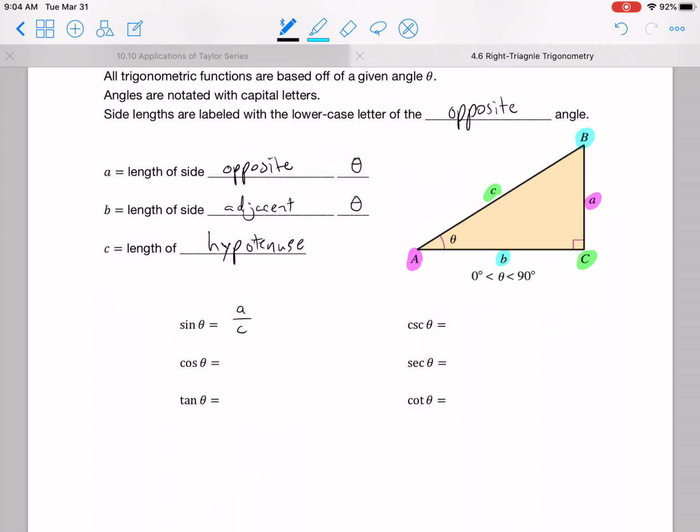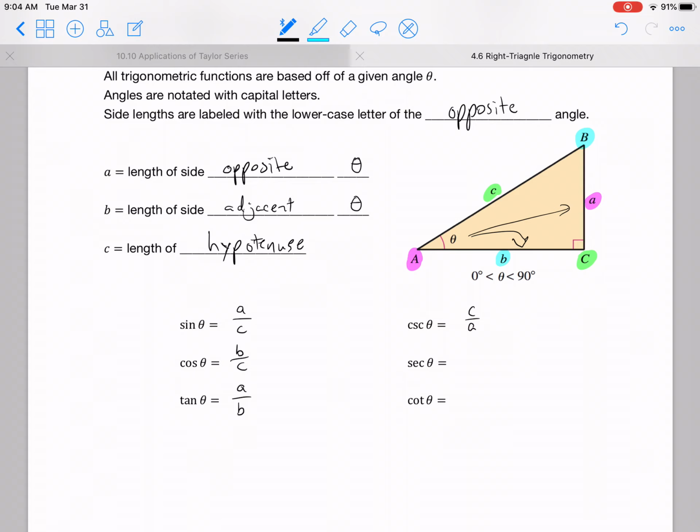Cosine is going to be B over C, because it's going to be adjacent over the hypotenuse, which is across from the 90, so that's B over C. And tangent, if you remember, is opposite over adjacent, so it's going to be A over B. Cosecant is the reciprocal of sine, so it's going to be C over A, right?